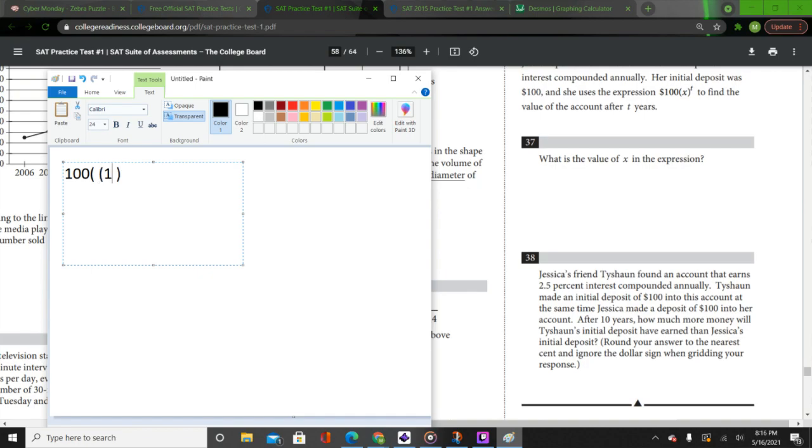So 1.025 to the power of t, minus 1.02 to the power of t. I said x, but it should be t. Because we plugged in both x's, and considering it's after 10 years, we can use to the power of 10. And when we plug that in, we should get roughly 6.11, I think. I will double check though.